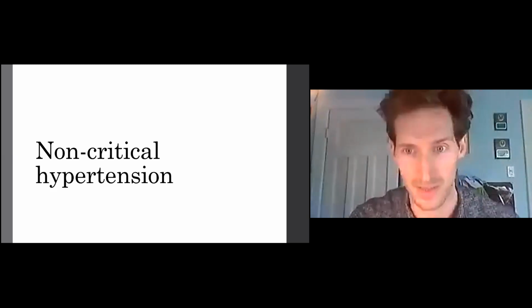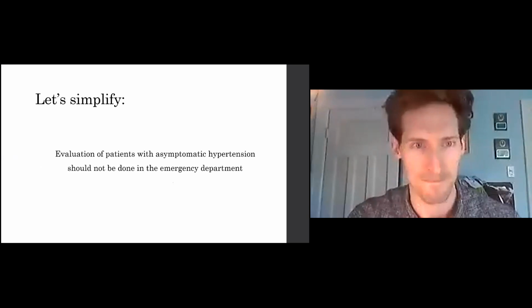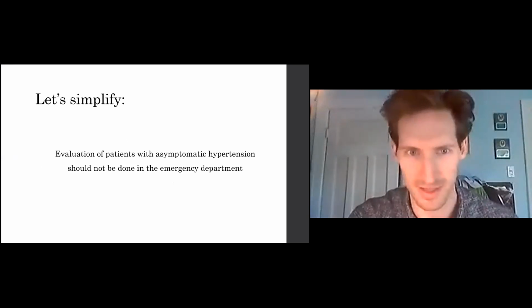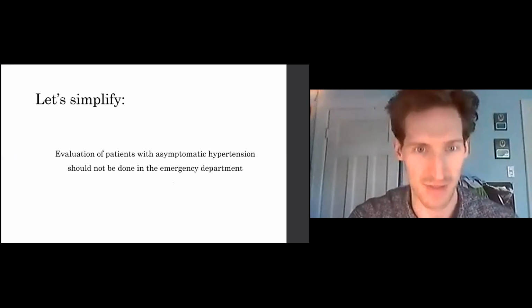That's it. Hey doc, my blood pressure is through the roof, do something about it. Again, to simplify, for these patients with asymptomatic hypertension, no matter what the number is, that evaluation and treatment shouldn't be done in the emergency department.